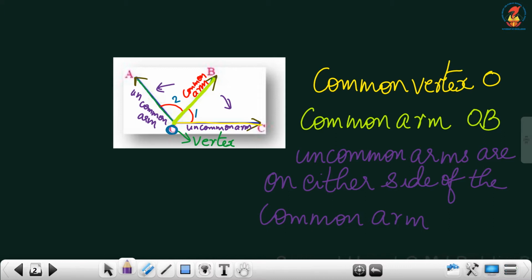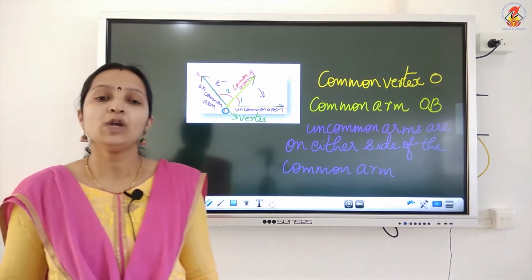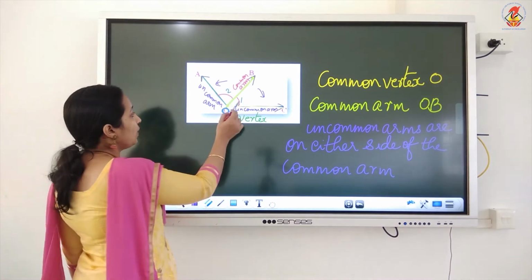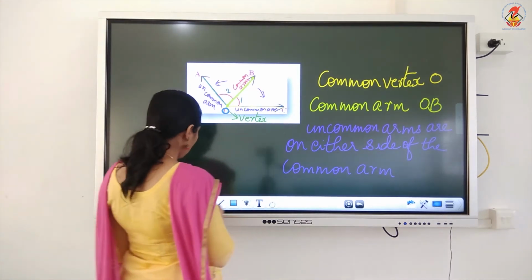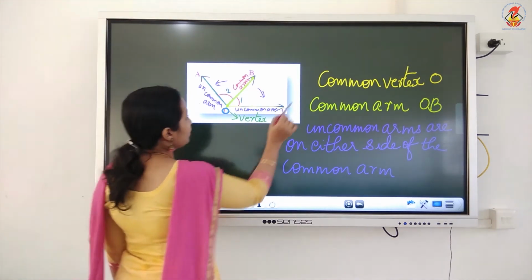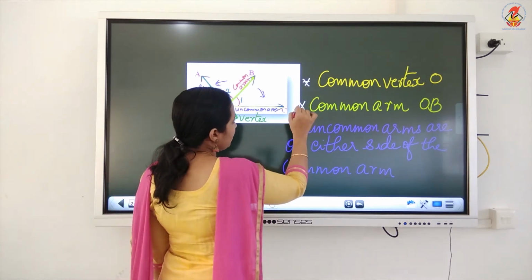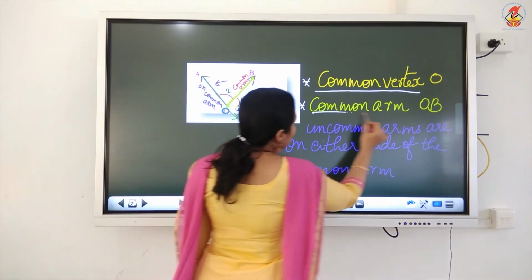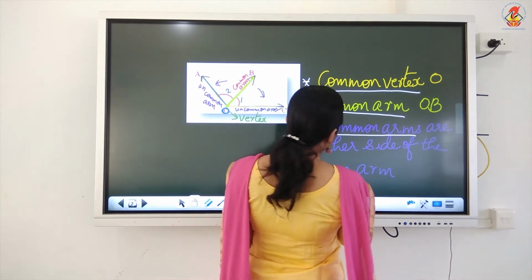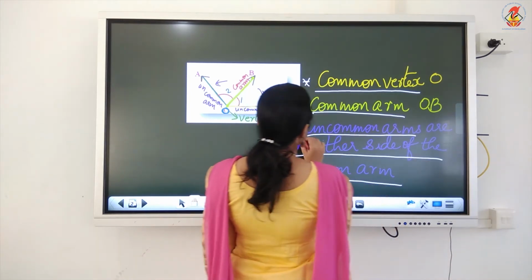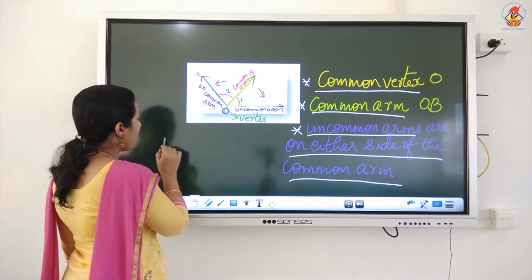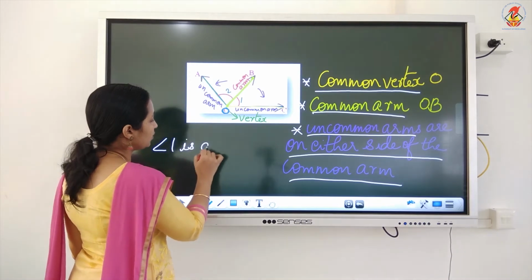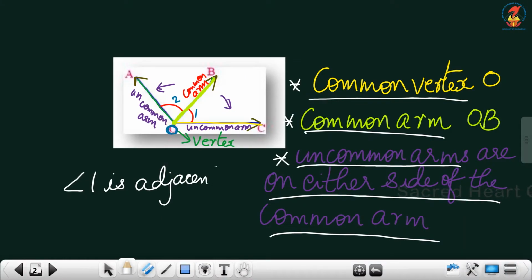So, if these three conditions are satisfied, we can say that angle 1 is adjacent to angle 2. All the three conditions are important. If these three conditions are satisfied, common vertex, common arm and the uncommon arms on either side of the common arm, we can say that angle 1 is adjacent to angle 2.